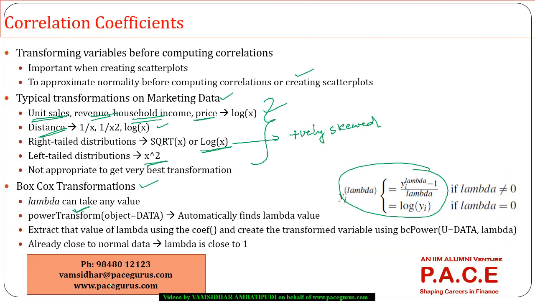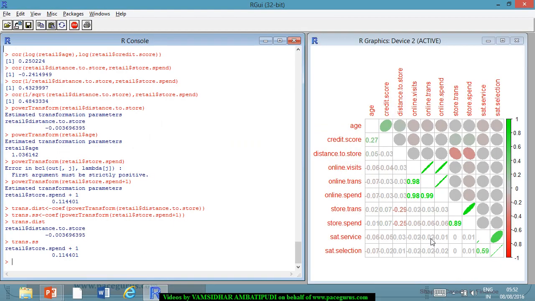Now we'll have to use another function called bcPower. bcPower is performing this Box-Cox transformation by using your lambda value. So if I want to find the correlation between both of them, I have to use bcPower first to transform it.